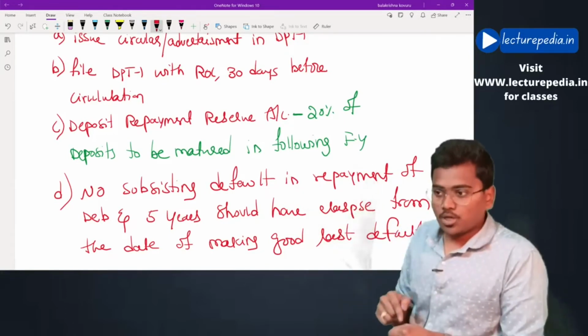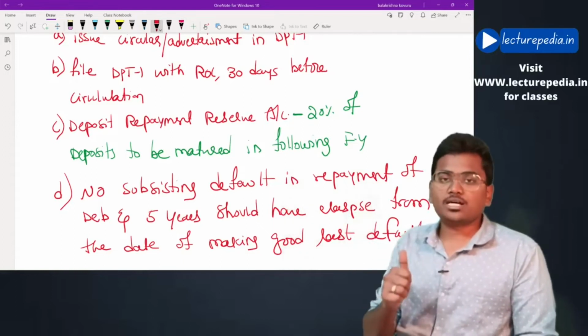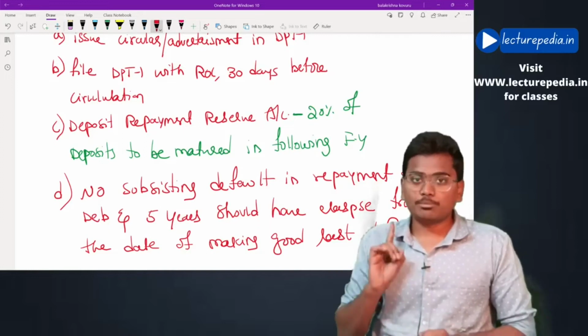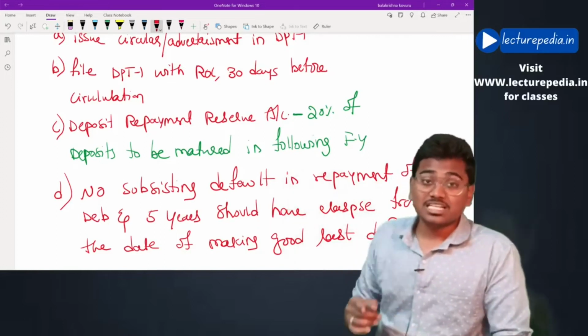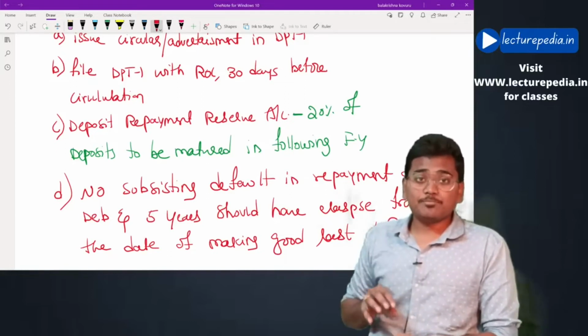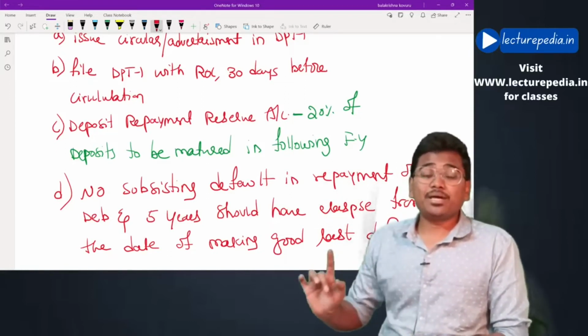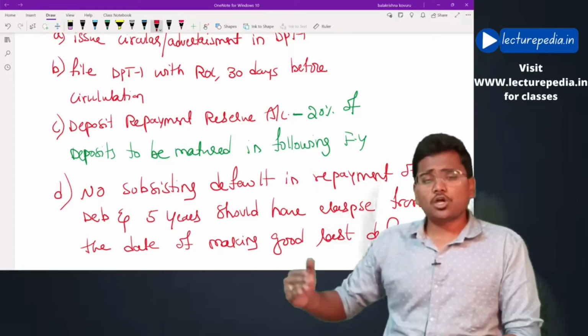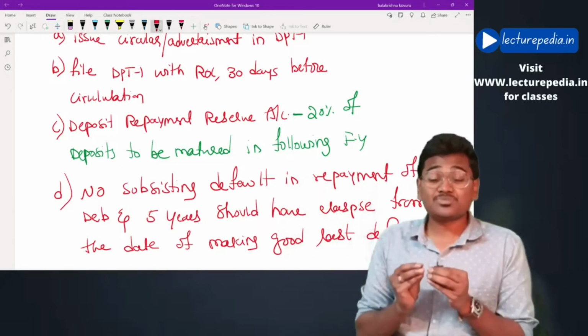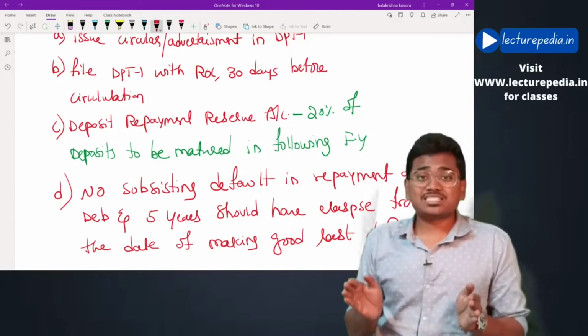And again now the company wants to raise deposits. How will the Companies Act permit that? The Companies Act will not permit the company to raise deposits if it already has a subsisting default in repayment of deposits or its interest. Thereby the first condition is that there should be no subsisting default.